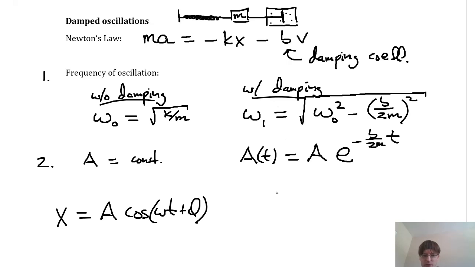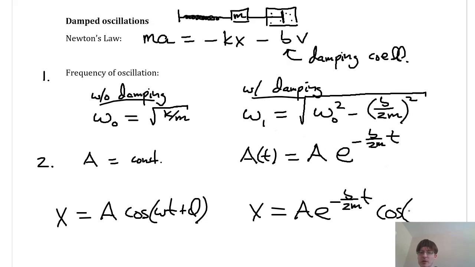With damping present, now the solution is x is this decaying amplitude, and it's still multiplied by cos, but it's a different frequency, omega 1 t, with a phase. So those are the essential ingredients of damped motion.